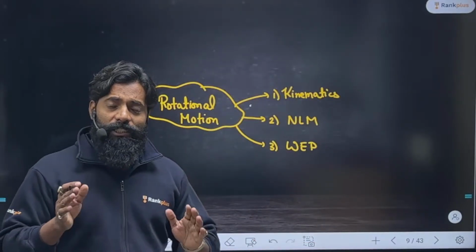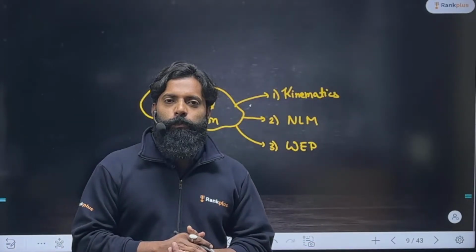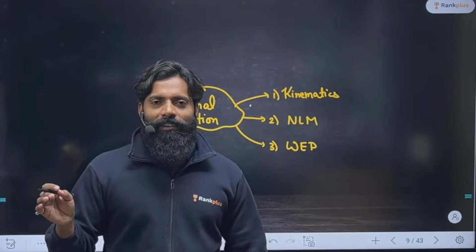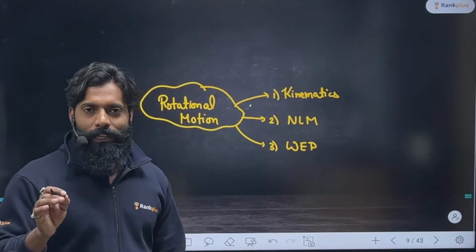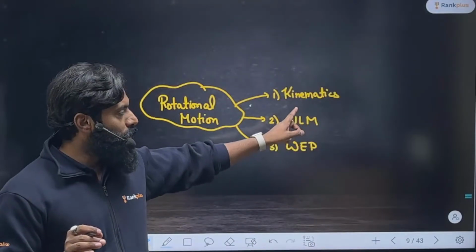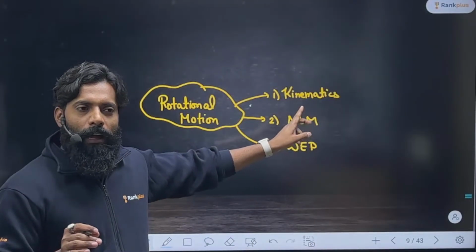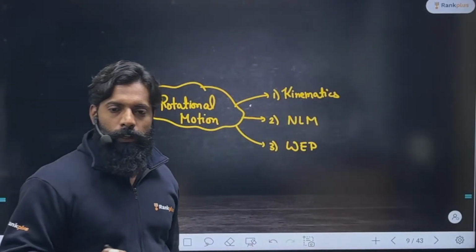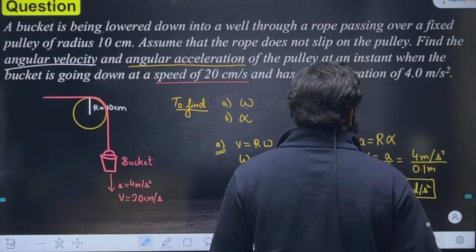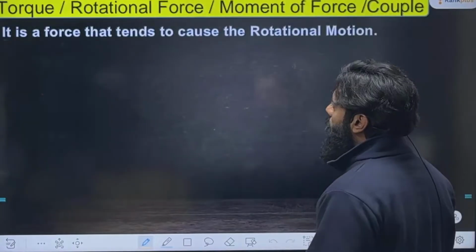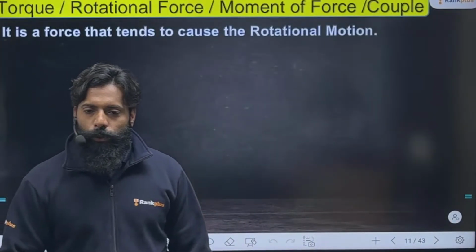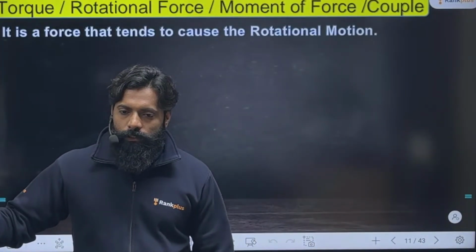What you require is to have the same analogous. You have to think in terms of the concepts which you have already studied, and relate those concepts with the analogous of the rotational motion. This is what you have to do. Let's move on.